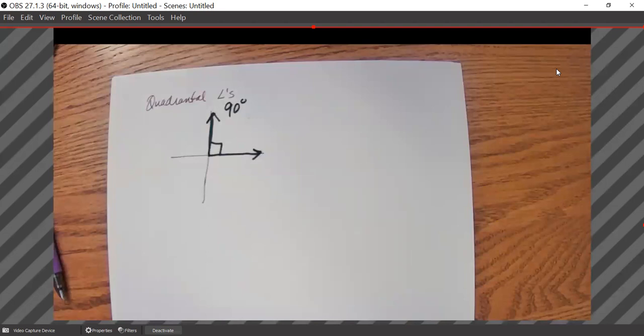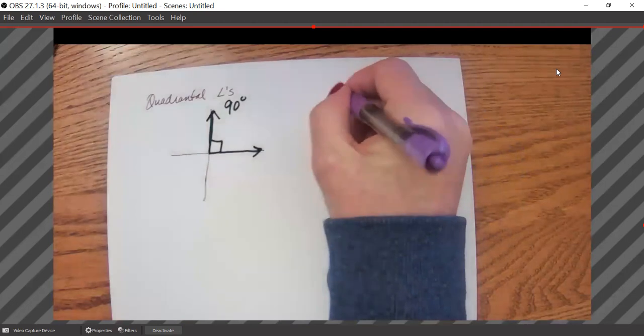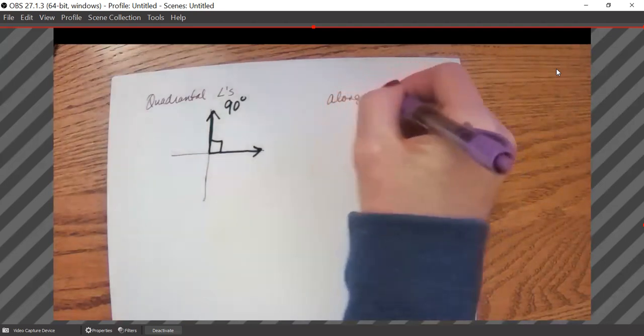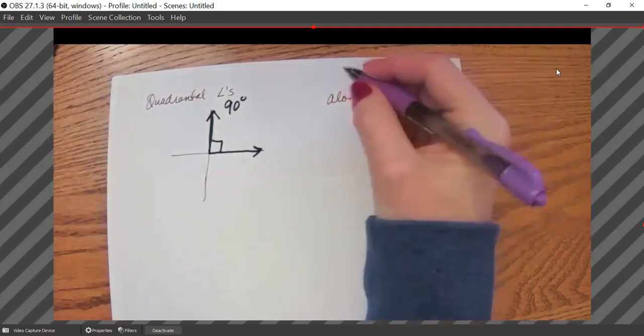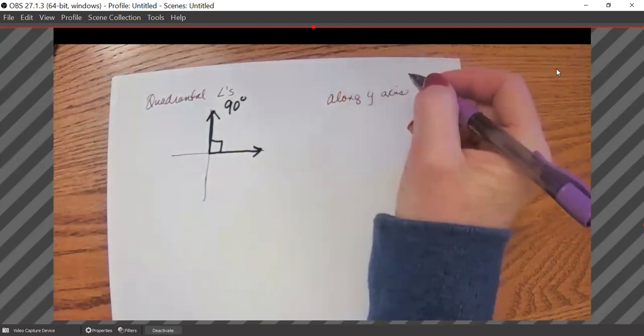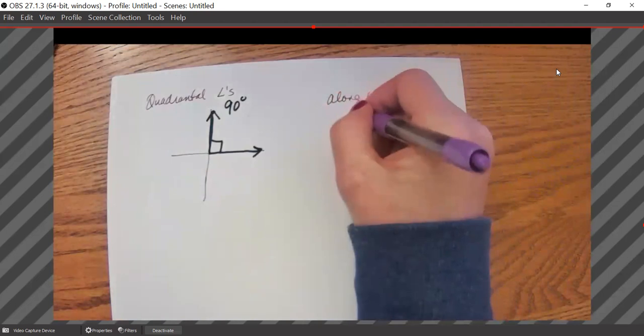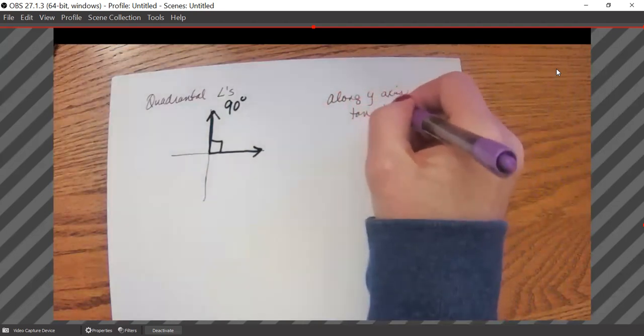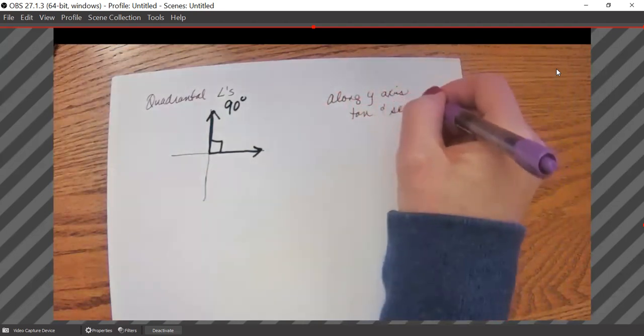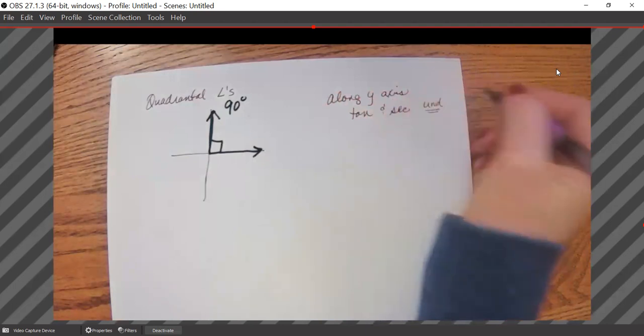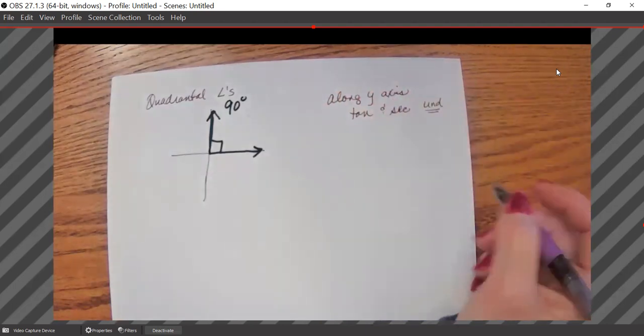So let's remember, if you look on page 144, if the terminal side of the quadrantal angle lies along the y-axis, then tangent and secant are undefined. Put U and D, undefined.